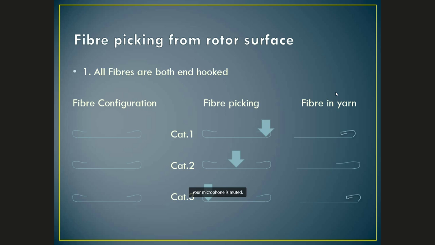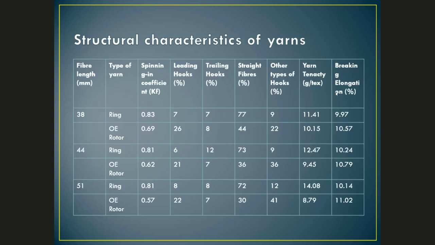So it means under these 12 fibers, 8 fibers have chances of formation of a leading hook. And that is the reason that, once I go to the table, you find that in the case of rotor yarn the majority of fibers have this leading hook in all the cases, irrespective of fiber length.